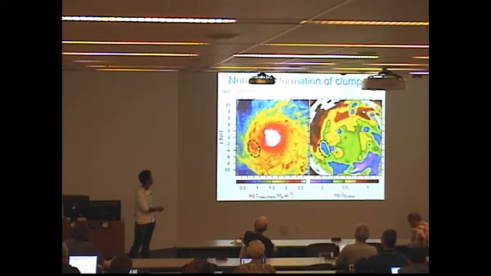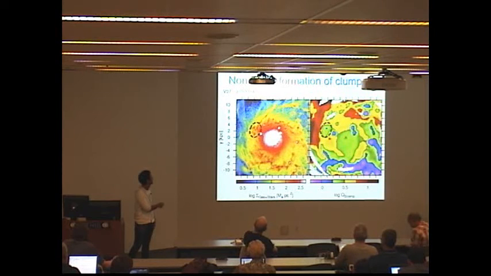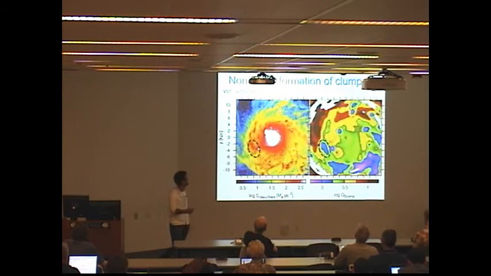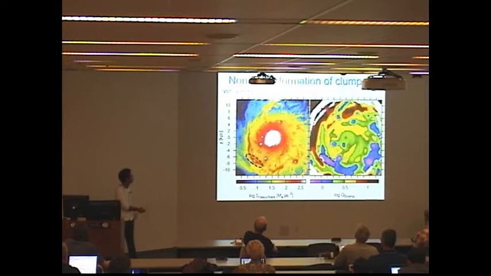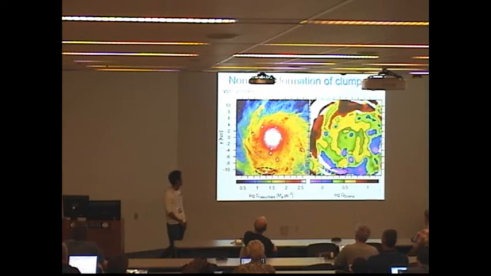But initially, this region has high Q. The color is green. It's about 3. So the clump formation starts with high Q, and after the clump formation, the Q value becomes lower than 1.